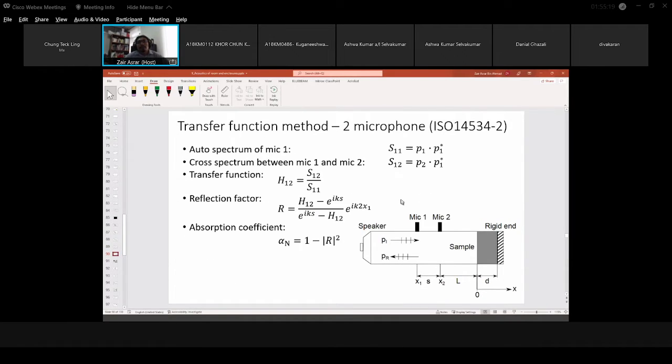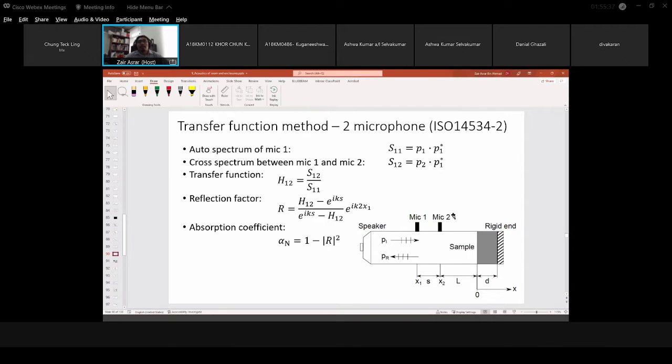Okay, so the idea is simple. We generate sound from the speaker, so there will be incident and reflected sound. Our microphones will measure this incident and reflected sound. So we have sound pressure level for mic 1 and mic 2.